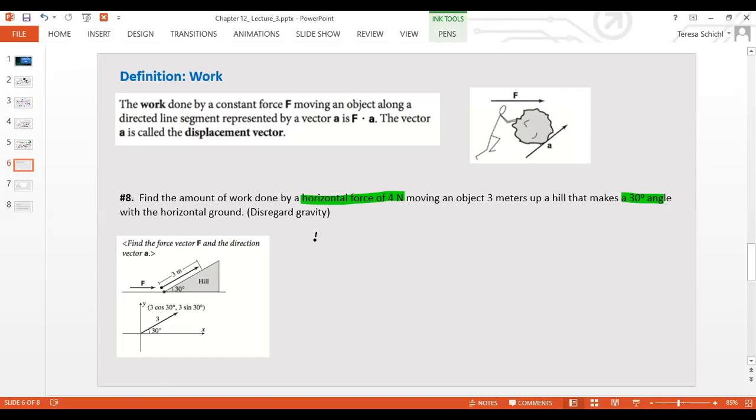First let's look at the displacement vector D. Because I'm moving this object up the hill 3 meters at 30 degrees, I have an X direction and a Y direction for the vector. So for this displacement, I have the X coordinate and the Y coordinate.